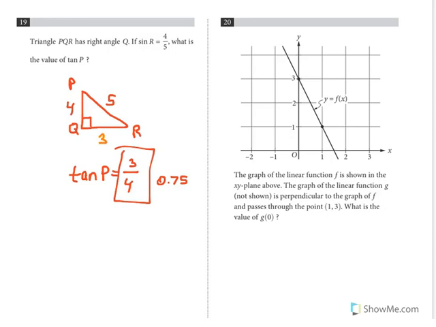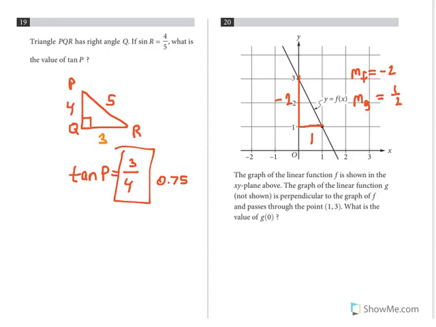So we need to find the slope of f. We see the slope of f, rise over run, has a rise of -2 and a run of 1. Going left to right, a rise of -2, so slope of f equals -2.